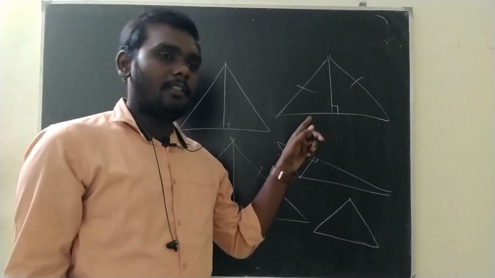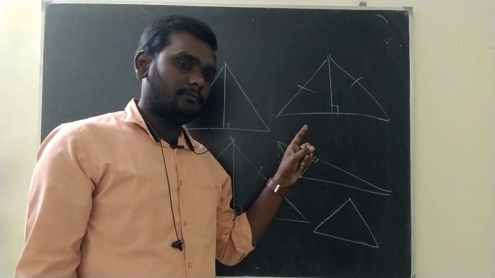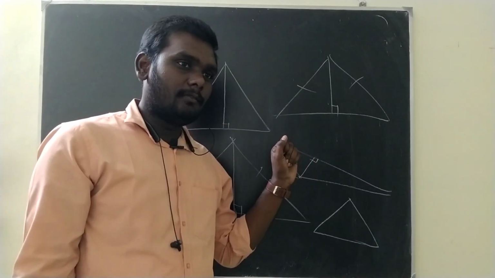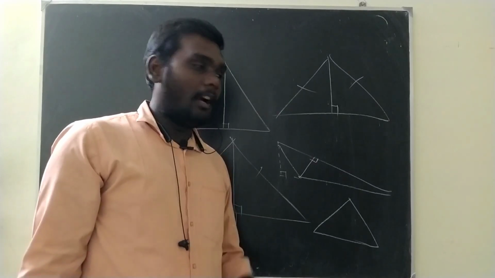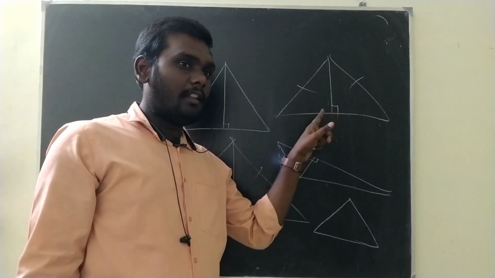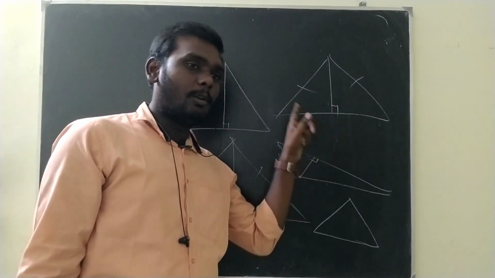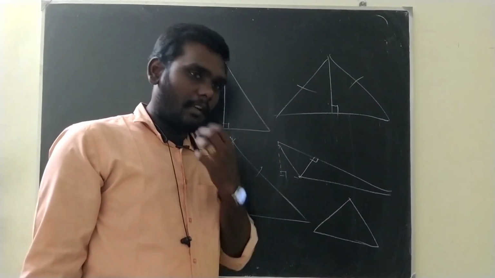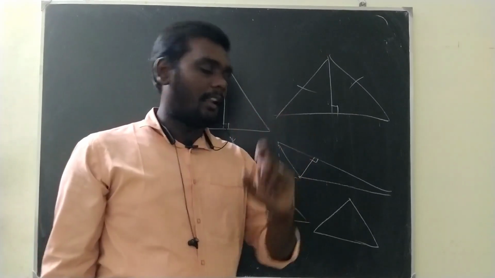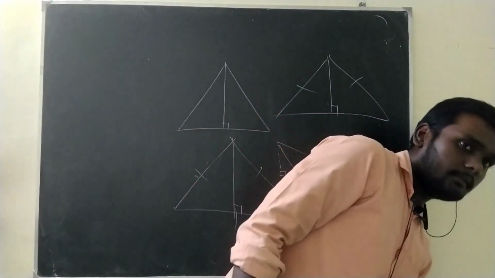This equilateral triangle is not listening to our words. What can we do? We'll call our guy, the right angle triangle. We'll operate using him and make him do what we want him to do. Okay? Understood? So, that is why the right angle triangle is important.